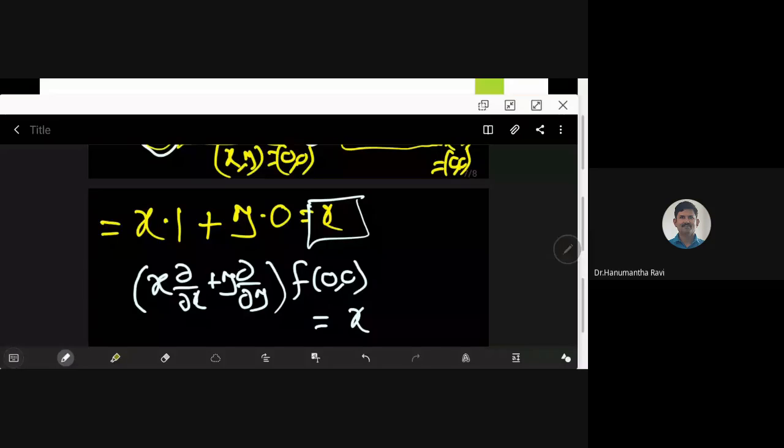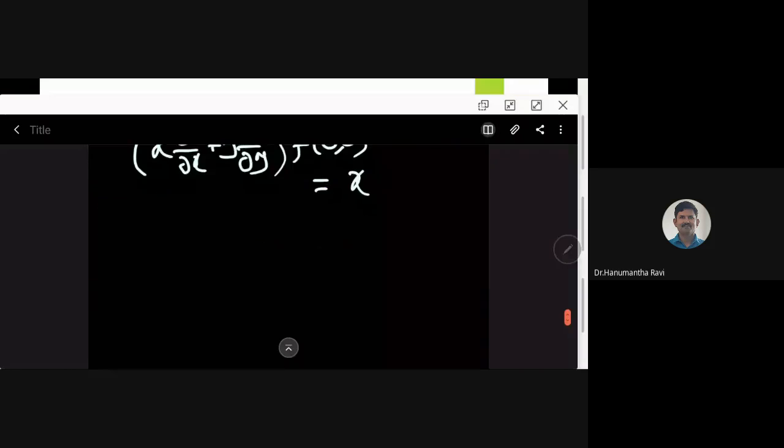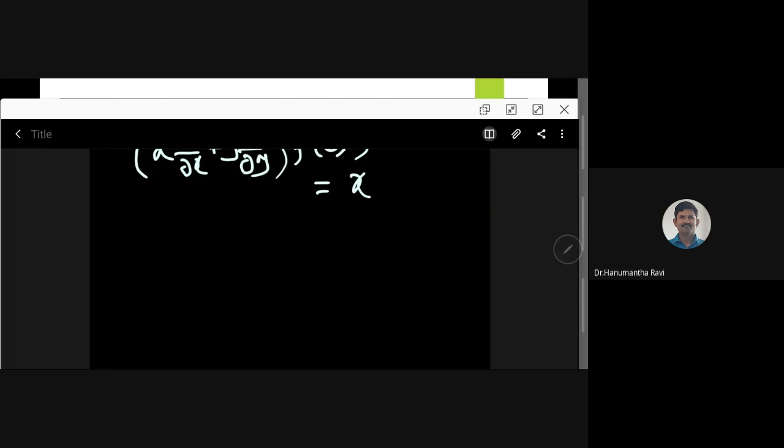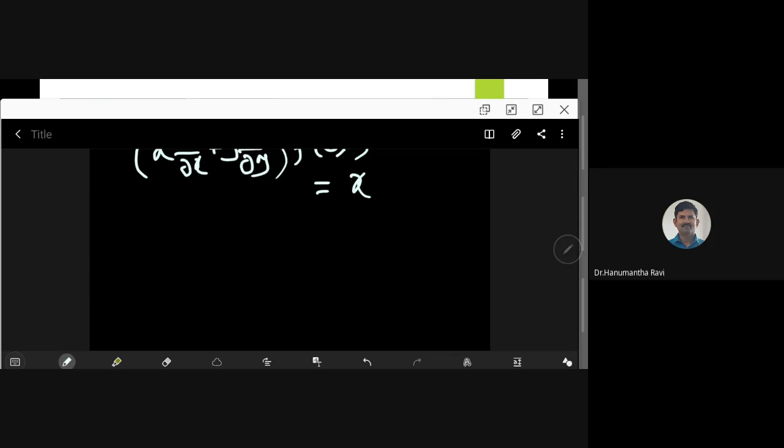Then we need to calculate the other one: (x ∂/∂x + y ∂/∂y) whole square acting on f(0, 0).